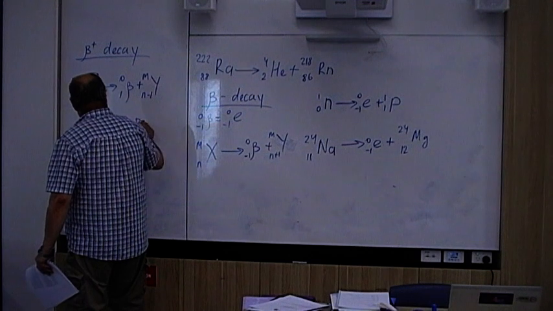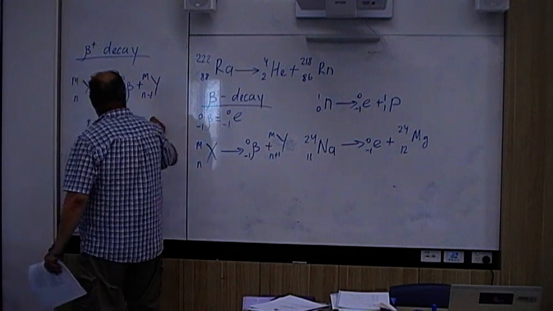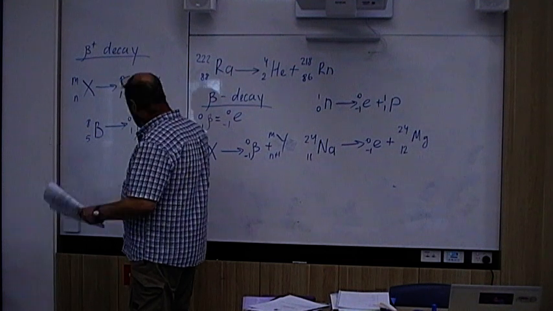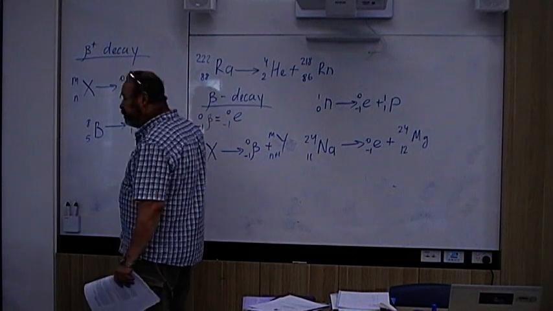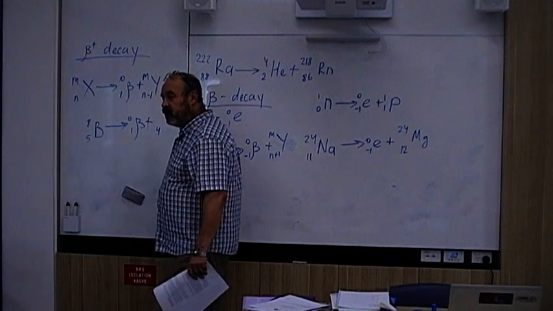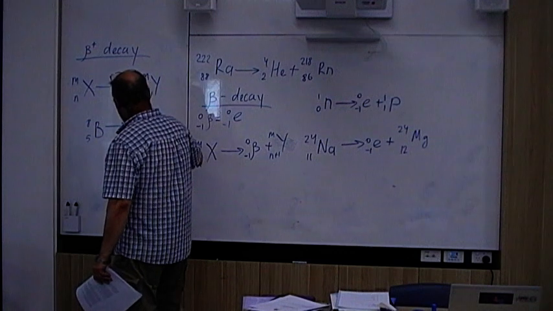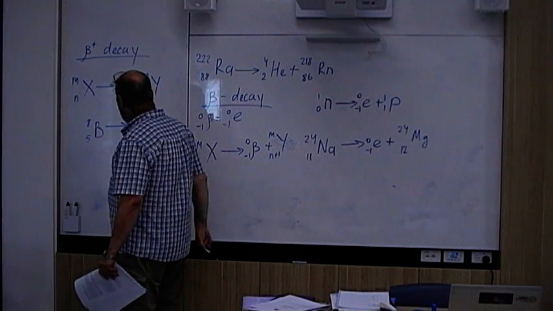We have a positron emitted, and what's left? Look into the periodic table, what will it be? It turned into beryllium. Good.